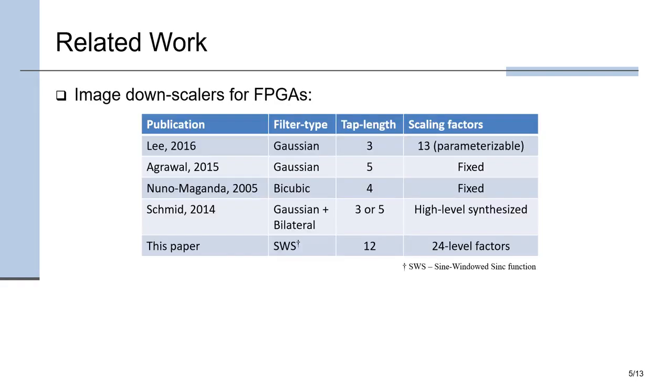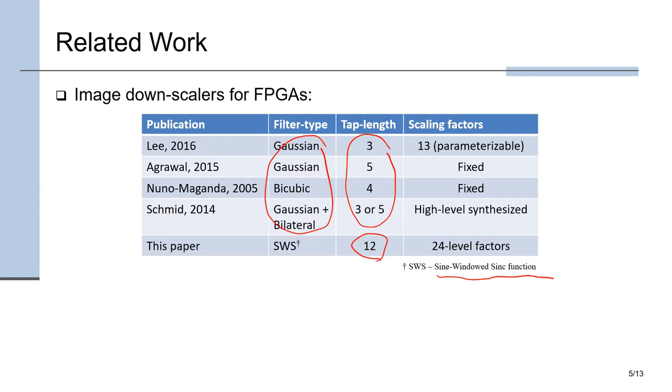In this slide, we show you a list of previous work on image downscalers for FPGAs. As you can see, most other downscalers are based on simple Gaussian or bicubic filters with very short tap lengths, while in our case, we use the Sine-windowed Sinc function filter with a long tap length, and that's why we can produce the best scaling quality.